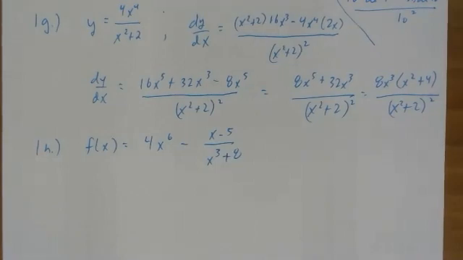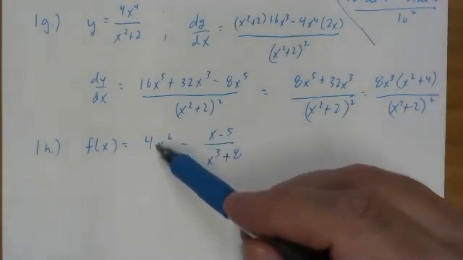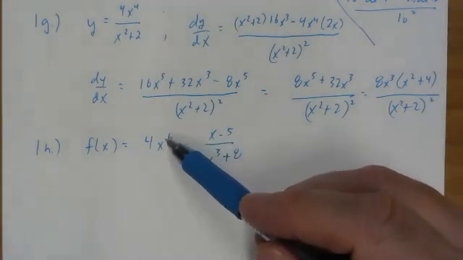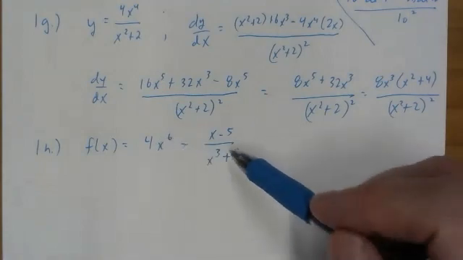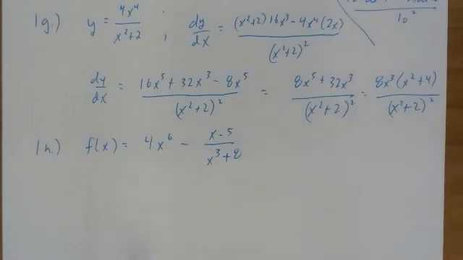So you can see we start with two terms. So I can just take the derivatives individually. And this first one is just a pretty straightforward power rule. This one's a little messier. If I take the derivative of this, it's going to be quotient rule. So that's what I'll do.